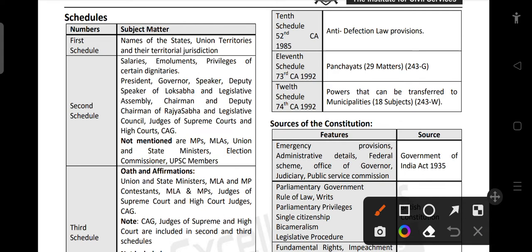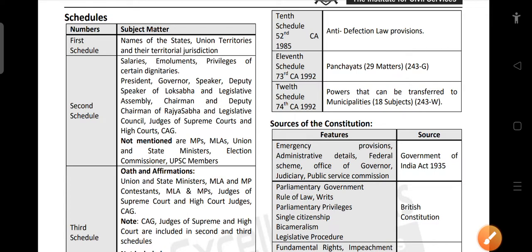Who are they? President, governor, speaker, deputy speaker, then chairman, deputy chairman. These are for the speaker of both the Lok Sabha and Assembly, and the chairman of Rajya Sabha and the State Council, and also the judges of Supreme Court and High Court, and CAG. So all these people and their salaries and emoluments are discussed in the second schedule.